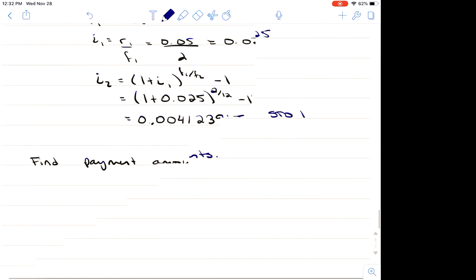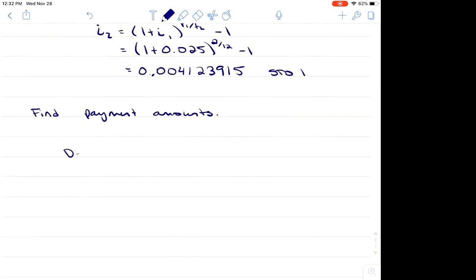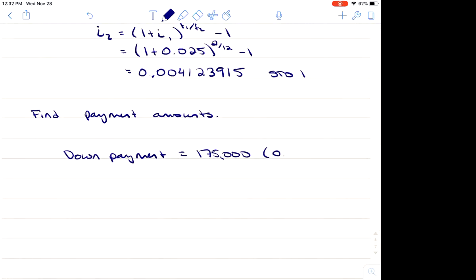So the down payment is 175,000 times 0.20.